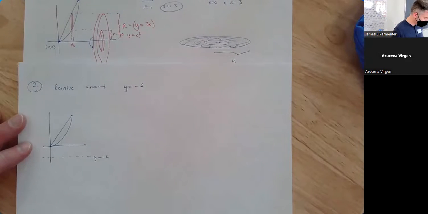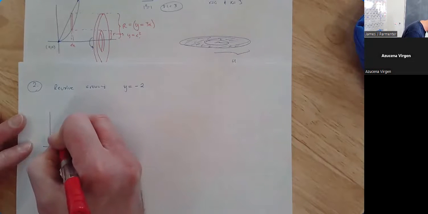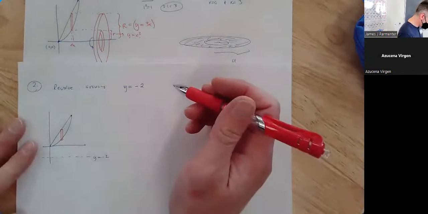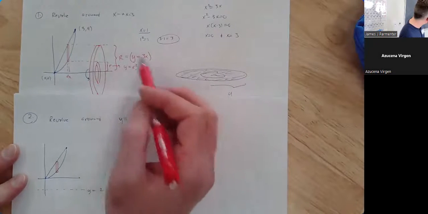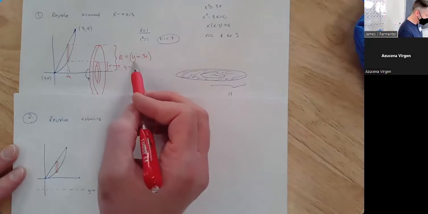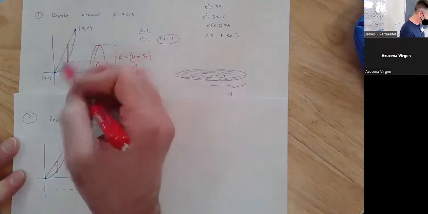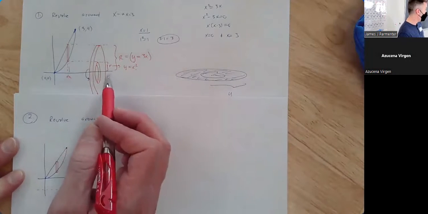Still having the same sort of strip, still using a vertical strip that's perpendicular to my axis of rotation. But now my radii are going to be a little bit different. What I should have been saying this whole time is that in the previous problem, the outer radius is really 3x minus 0, because it's the difference between my function and my axis of rotation, which is the line y equals 0.